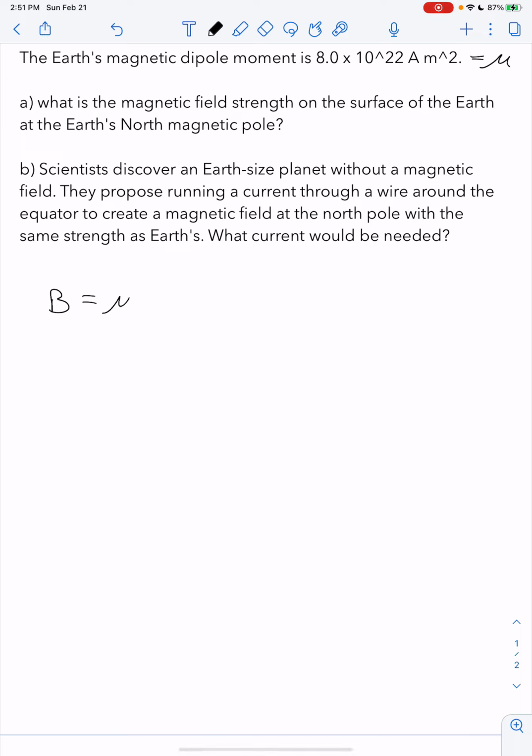Our relationship here depends on mu naught over 2 pi, and mu, which is our dipole moment, and z cubed. So this is the equation where we're looking at the field strength on axis with the dipole moment.